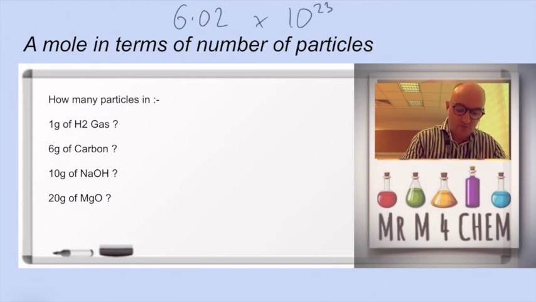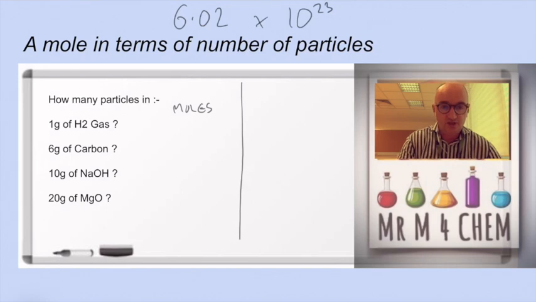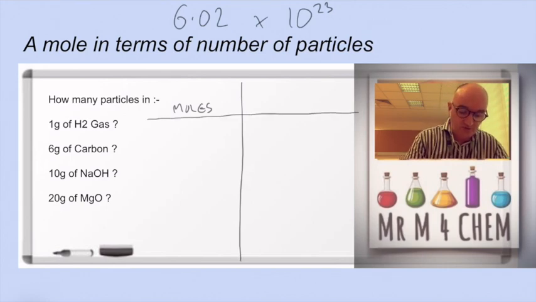So how many particles in 1 gram of hydrogen gas? Well, the way to do this is first of all work out the moles and times it by 6.02 times 10 to the 23. So 1 gram of hydrogen gas. Each hydrogen atom has an atomic mass of 1g. There are 2.